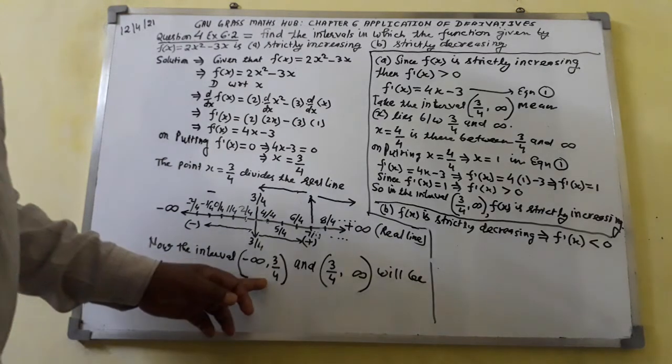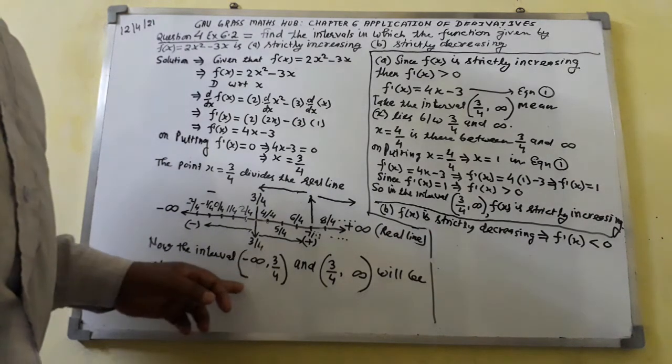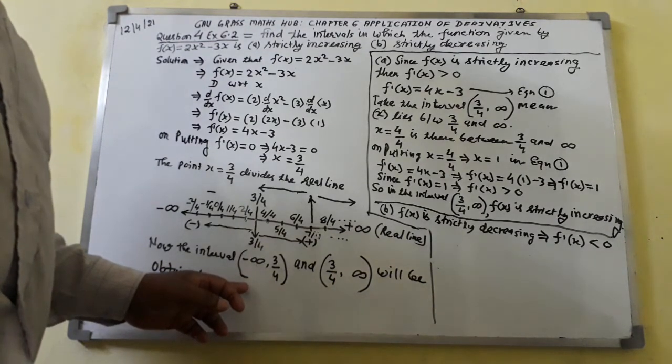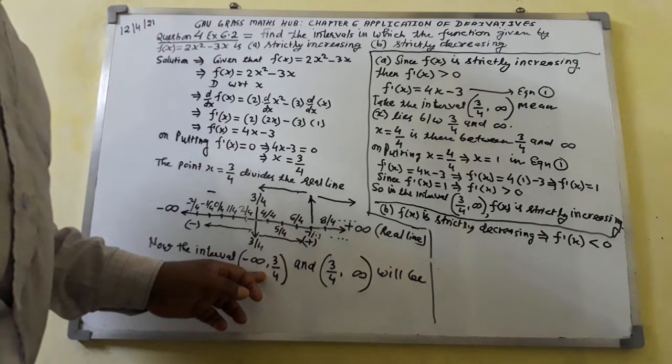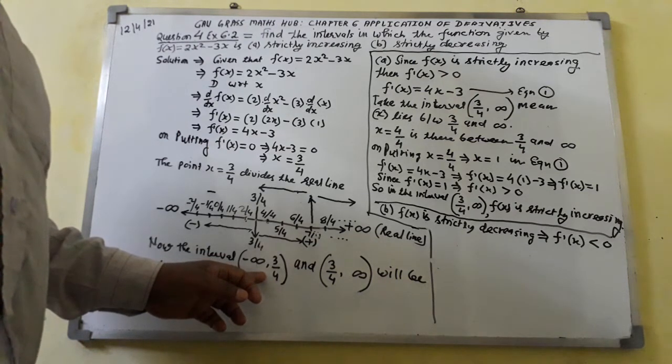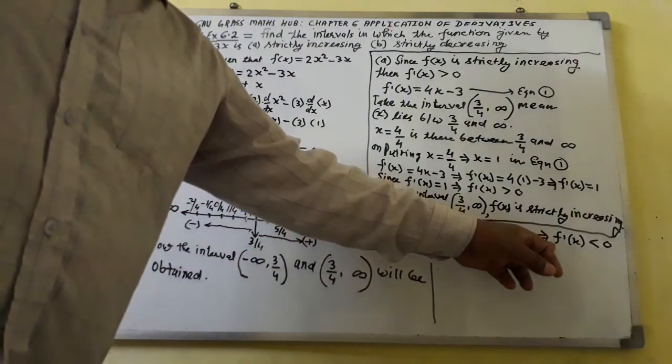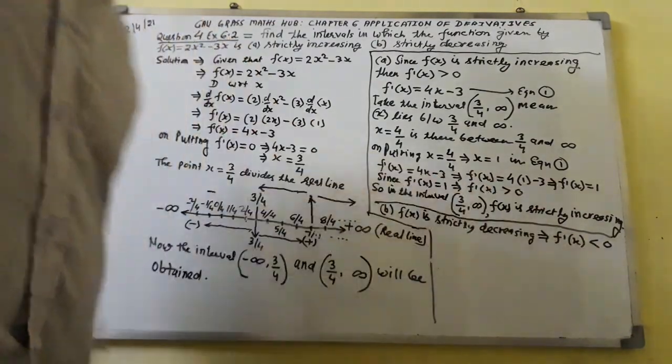So now take this interval and check in this interval whether f of x is strictly decreasing or not. For this, f dash x must be less than 0.